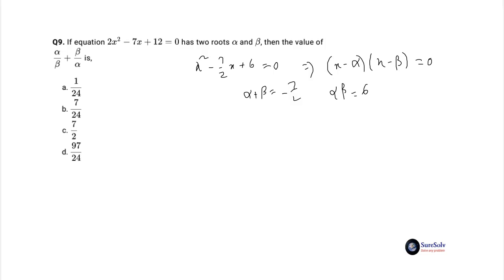Now we'll simplify the direct expression. Combining the two terms of the direct expression, we get alpha square plus beta square by alpha beta.